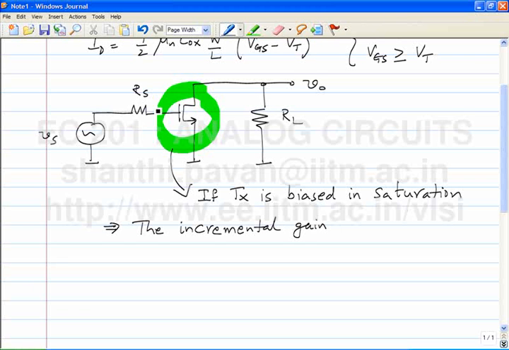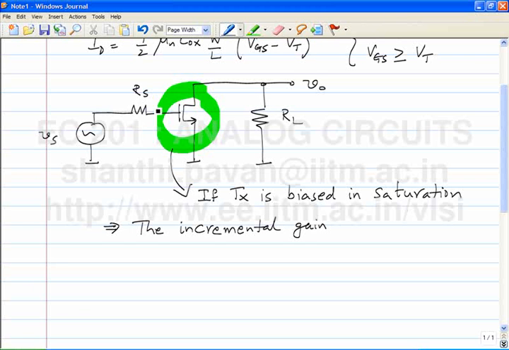So what is the DC value of the voltage across the gate and the source? When I say operating point, what should I do to all the small signal sources?